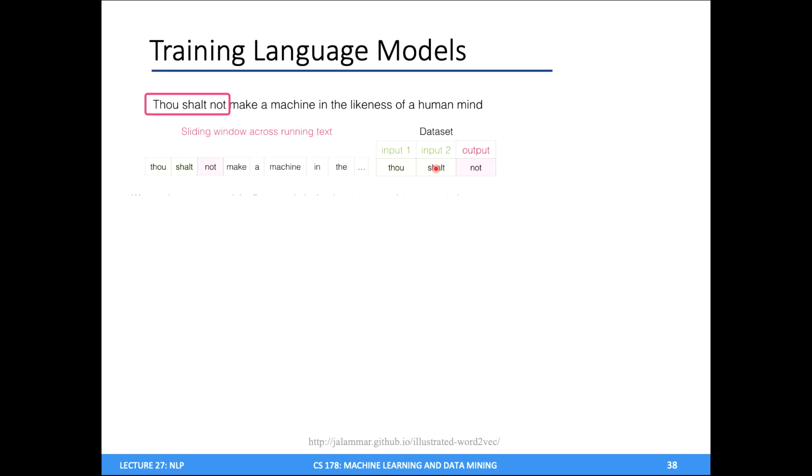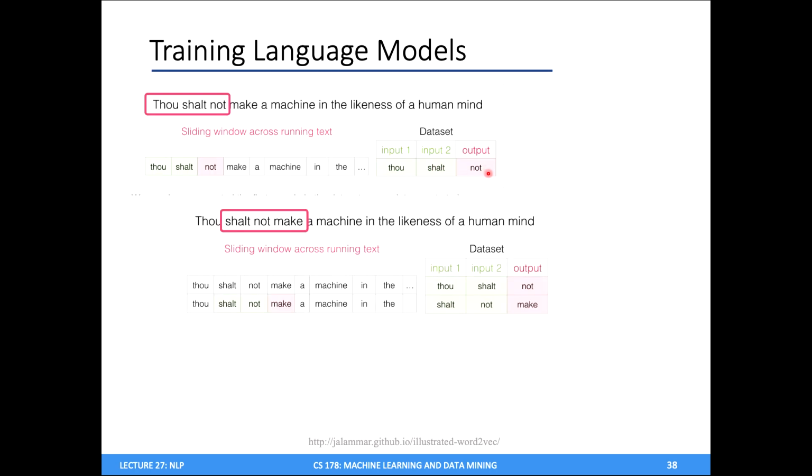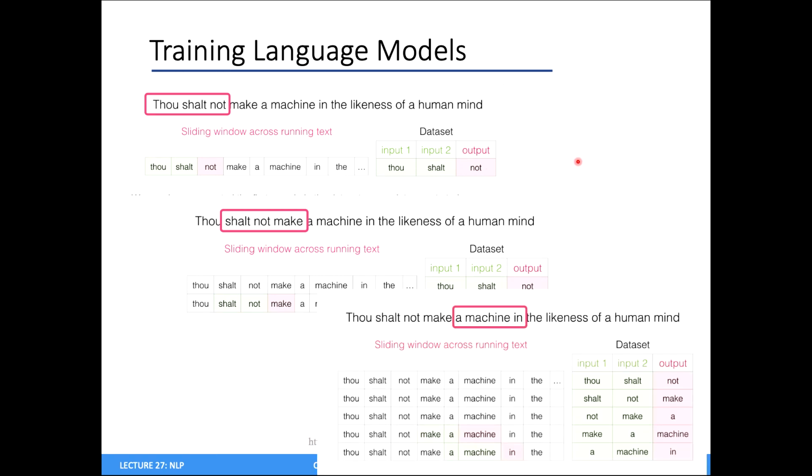My model takes in thou shalt and then produces not as sort of the target output. I slide my window over by one word and do the same thing. Another word, do the same thing. And in doing so, if I just have a large, huge data set of unstructured text, I can make a massive data set of essentially a classification problem, where again, I'm trying to classify the output, my label, which is a word, based on the inputs.